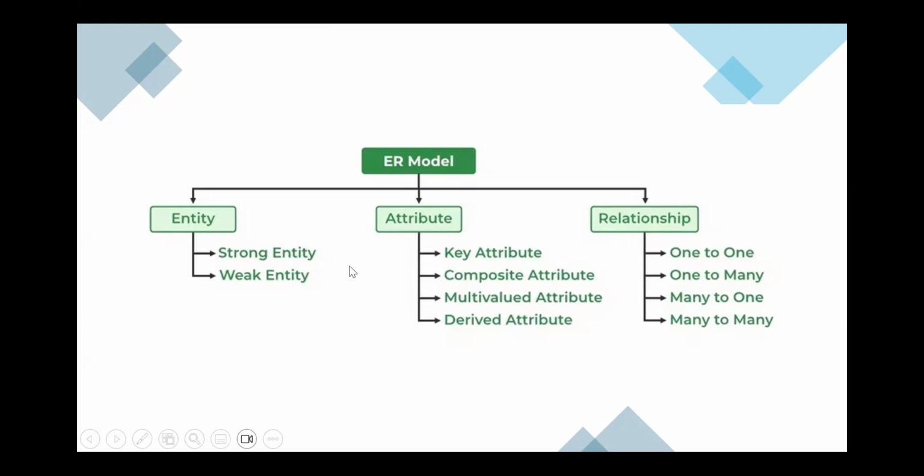Okay. So when you look at the ER model, there are three components: the entity, the attribute, and the relationship. What is the entity? It is the item for which the table has been created. Here, the students or the courses. There can be two types of entities: strong entities and weak entities. What are strong entities? They are the entities which can exist independently, like the course.